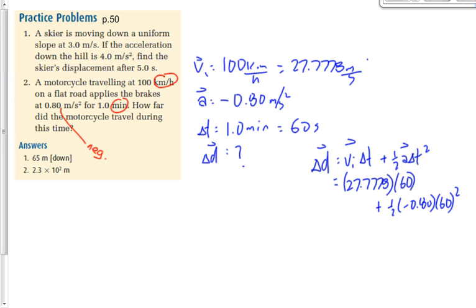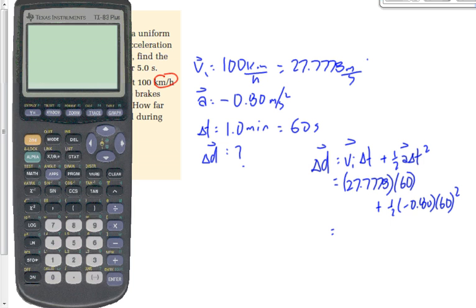Now we got some uglier numbers in this one. Let's do this one as a group here, just to make sure we can get this. I got 27.7778 times 60. Let's press equals here, okay? Let's do it in steps. 1666.666.